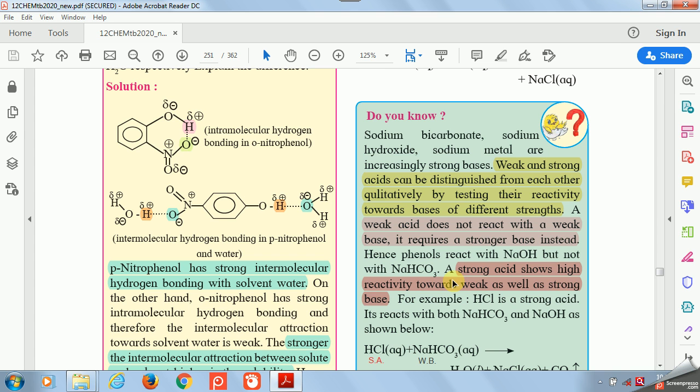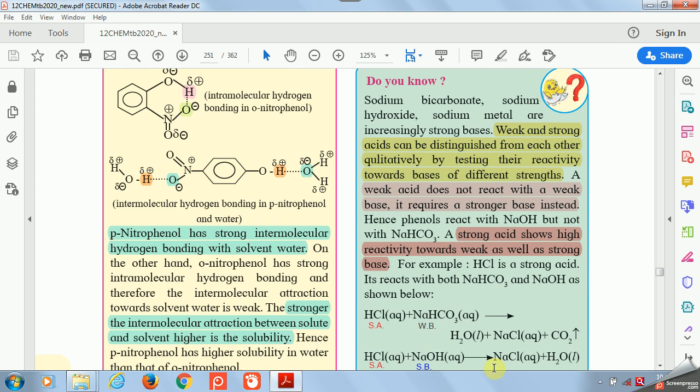So phenol is a weak acid. A strong acid can react with a weak base as well as a strong base. For example, HCl is a strong acid. It can react with NaHCO3 and it will give water, NaCl and carbon dioxide.